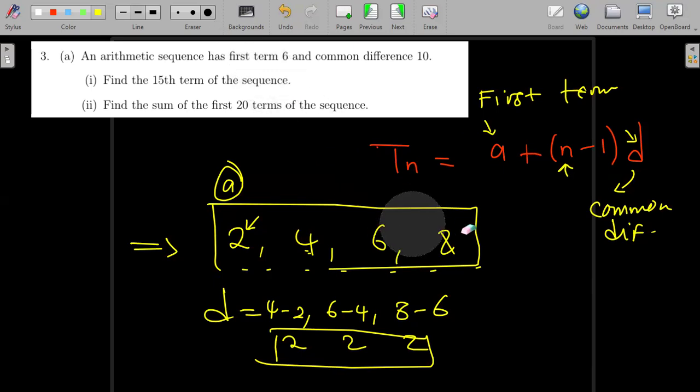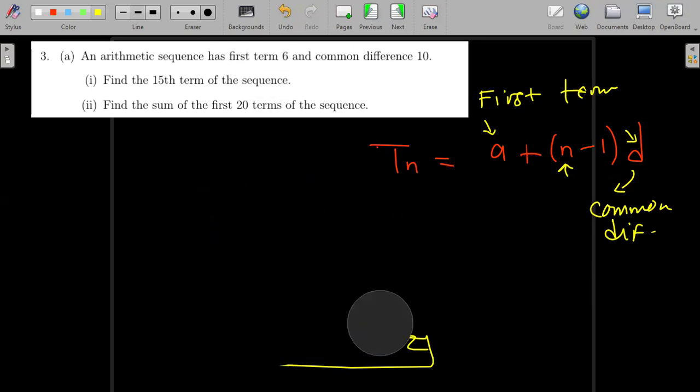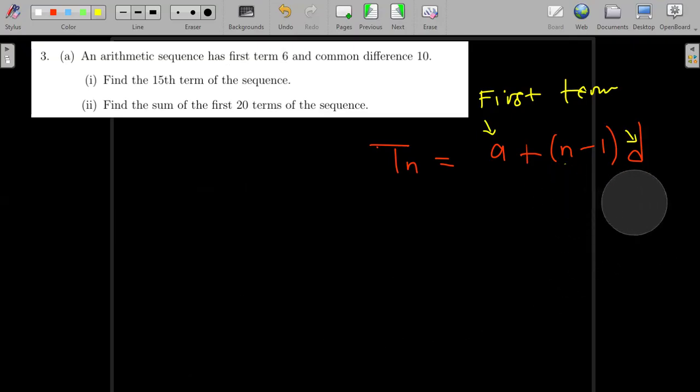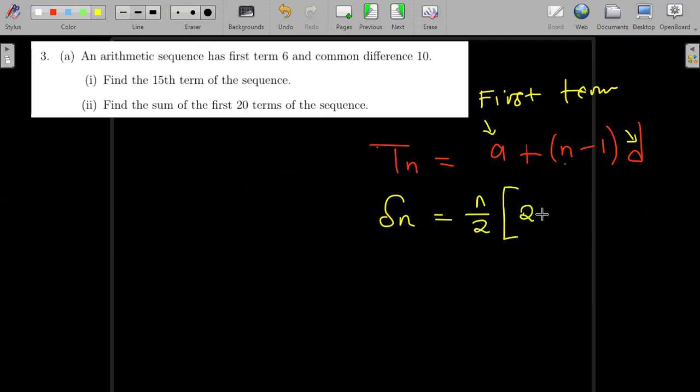Another important thing under the arithmetic sequence is how to calculate the sum of n terms. The sum of n terms is given by the formula Sn equals n over 2, and in the brackets, 2a plus (n minus 1) multiplied by d.